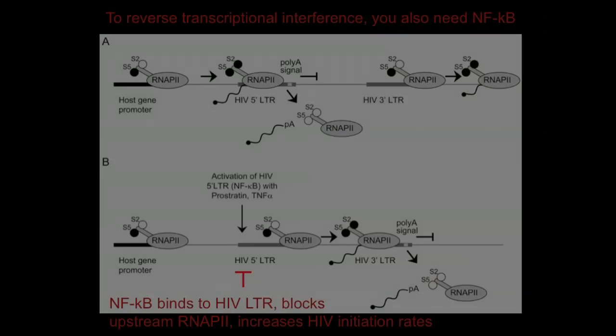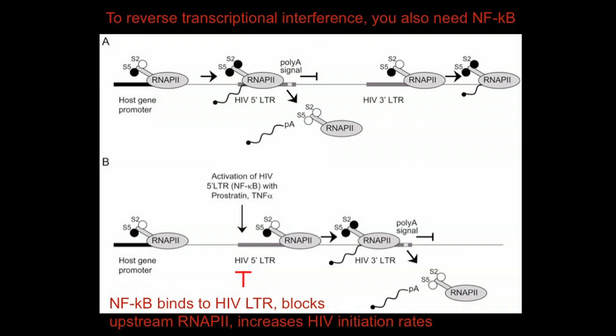So the next thing, we actually were able to demonstrate that, and I'll show you some data on that, is that, okay, so you have transcription interference. So you have an upstream gene. The polymerase goes from the upstream gene. It terminates in the 5' LTR, dissociates. The 3' LTR now fires, makes transcripts which have no viral information in them.